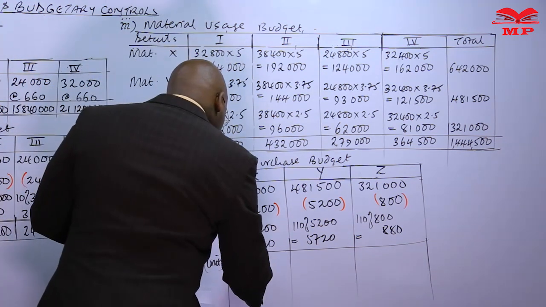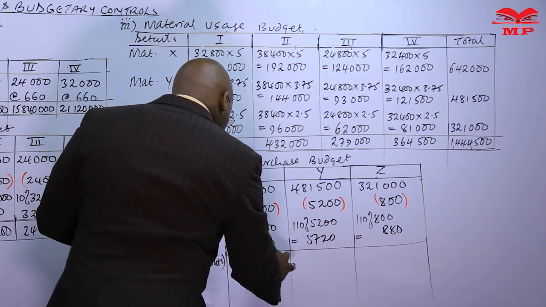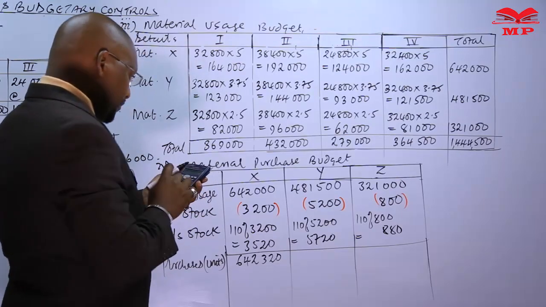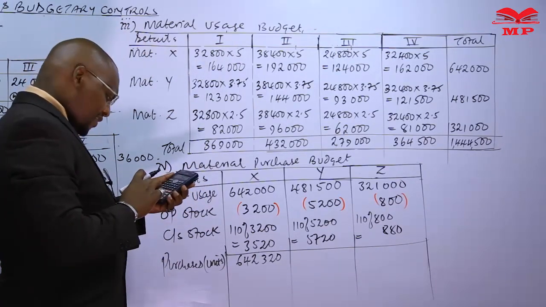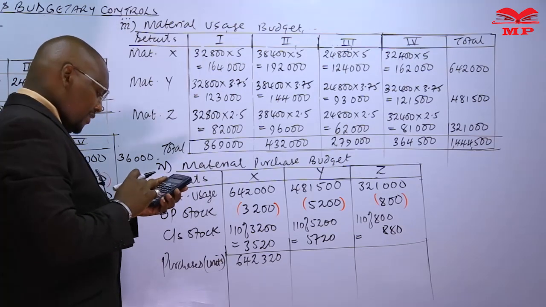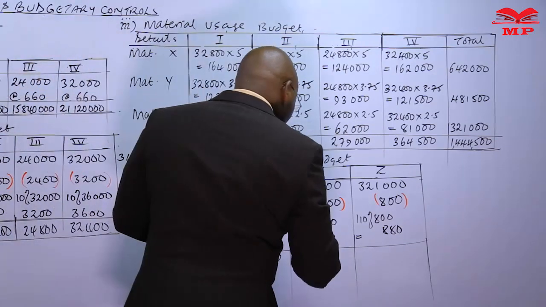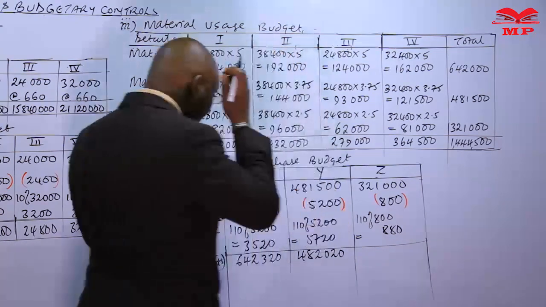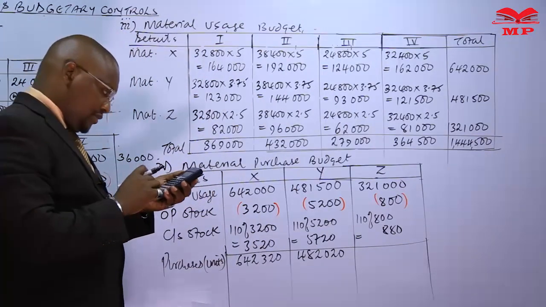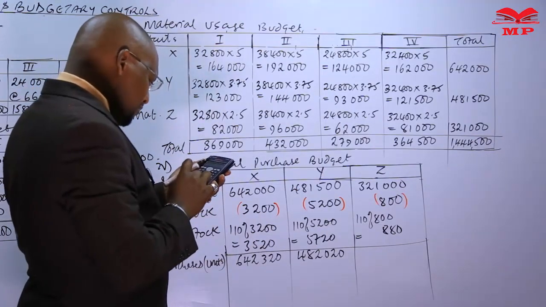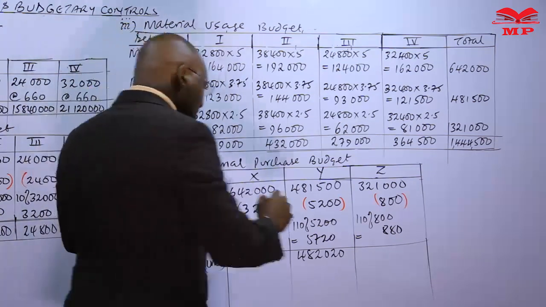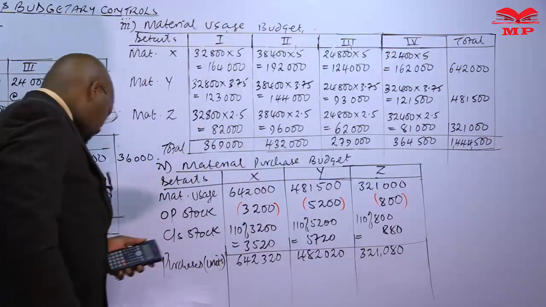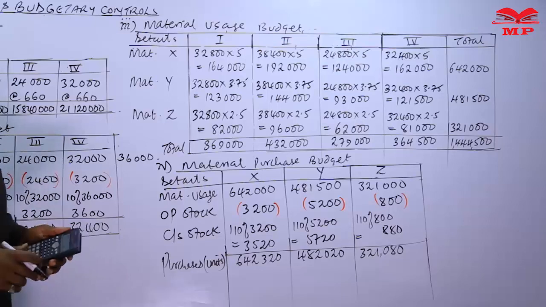This is going to give us 642,320. Then 481,500 minus 5,200 plus 5,720. This is going to give us 482,020. And lastly, we have 321,000 minus 800 plus 880. This is 321,080. Now, these are the purchases in units.